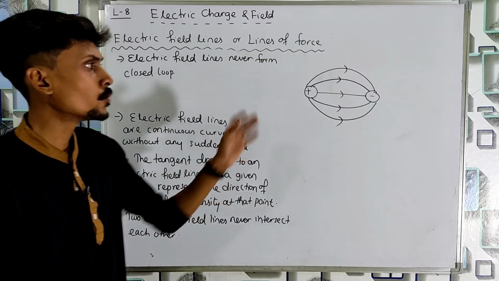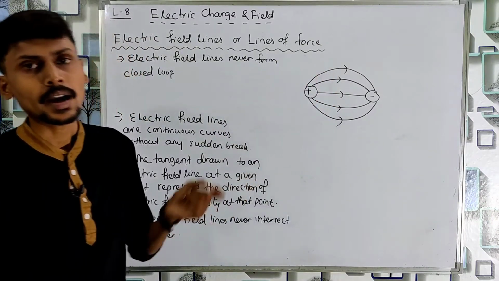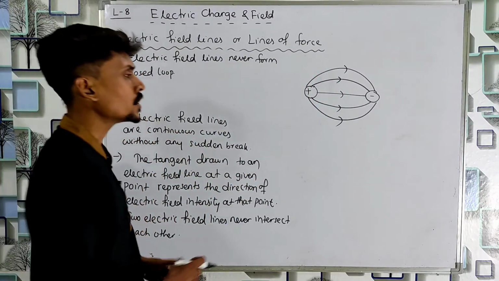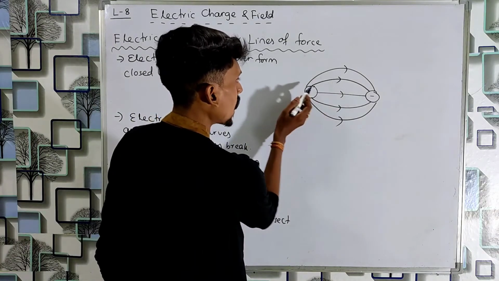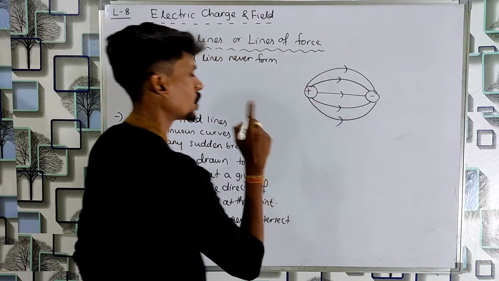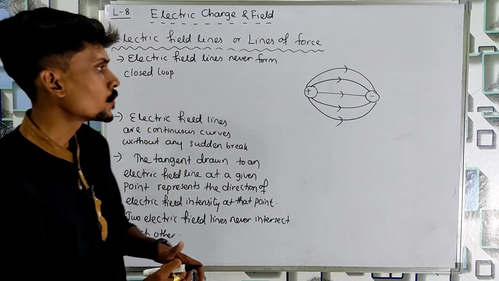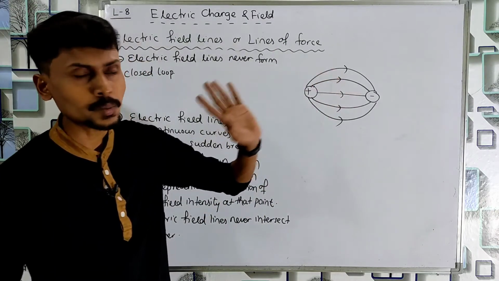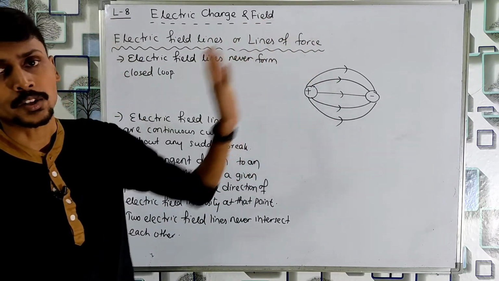The test charge will move away from positive charge and towards negative charge, and you can say that the arrow mark is away from positive towards negative. Its meaning is that the test charge will go away from the positive charge and towards the negative charge.